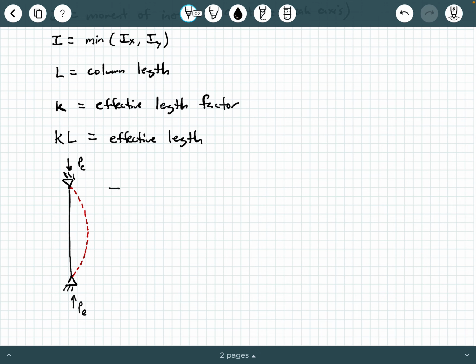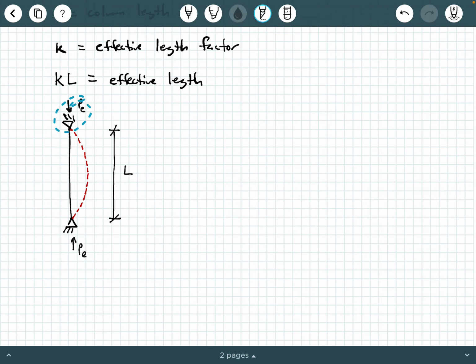The length of this column is L. And when you have the restraints being pins at the ends here, K, the effective length factor, is going to be equal to 1.0. So what that means is 100% of the length of this column is going to buckle. That's one way you can think of it. So KL will be the length of the column that is bowing out, that is buckling. In that case, K is 1.